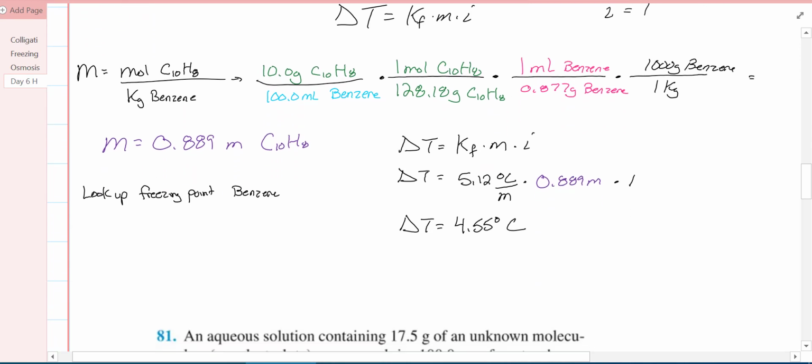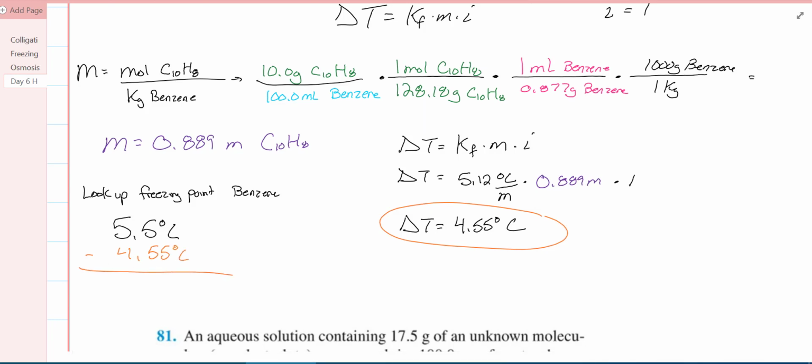All right, and we look it up, it's 5.5 degrees Celsius is the normal freezing point. Delta T here would be going down 4.55 degrees. So my new freezing point would be 0.95 degrees, which happens to be 1.0 degrees Celsius, because I can't keep that number.